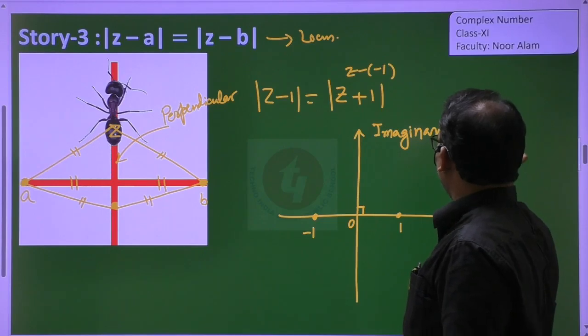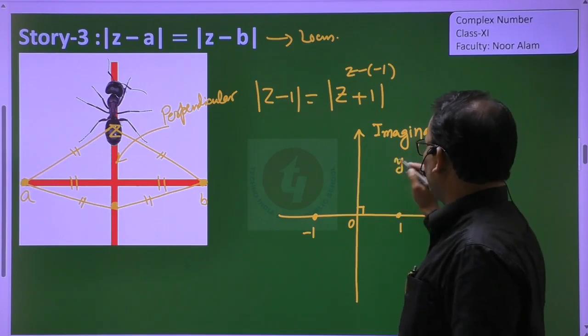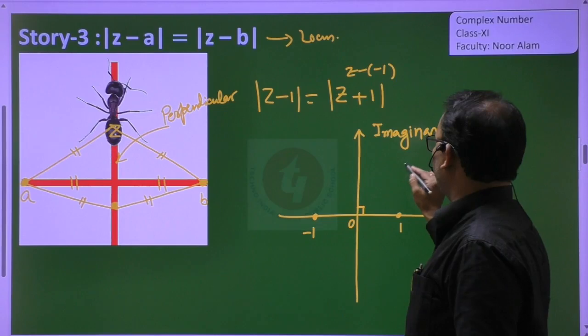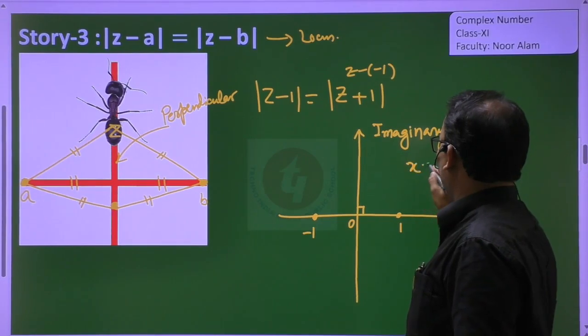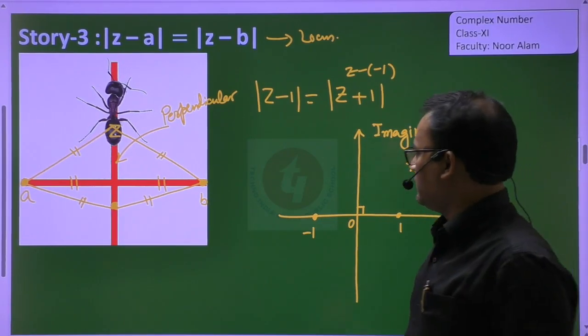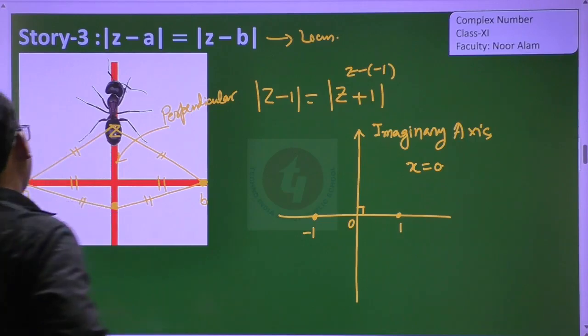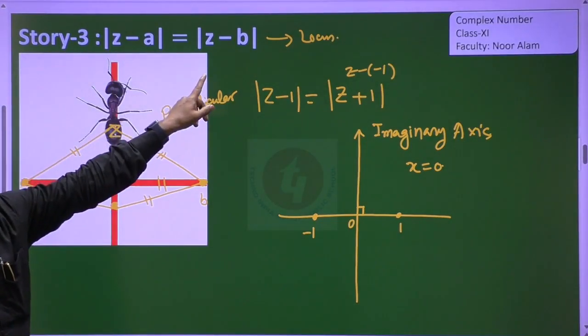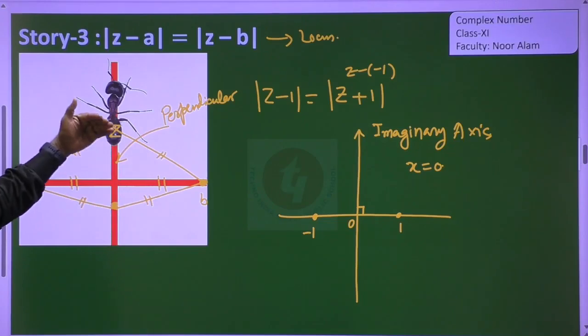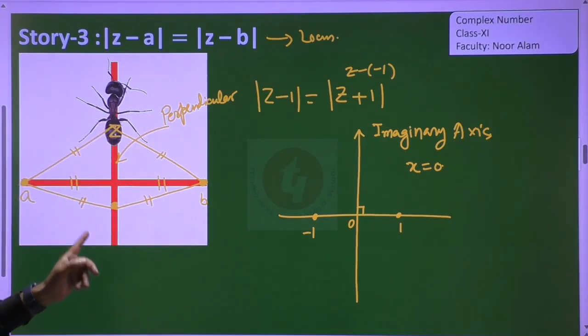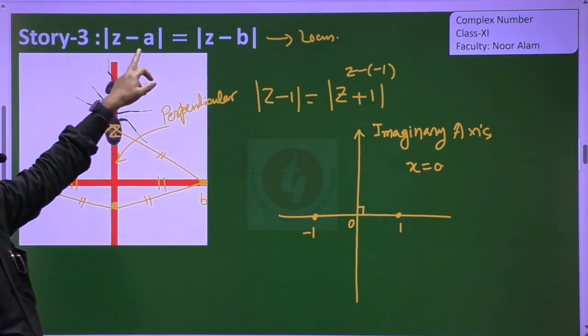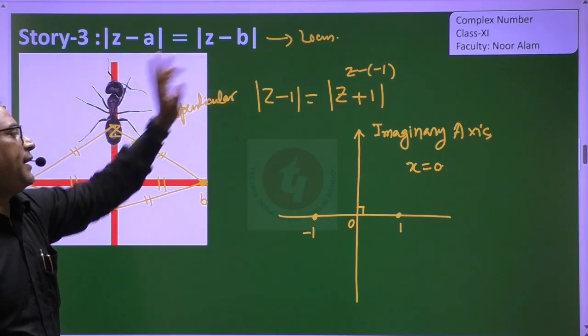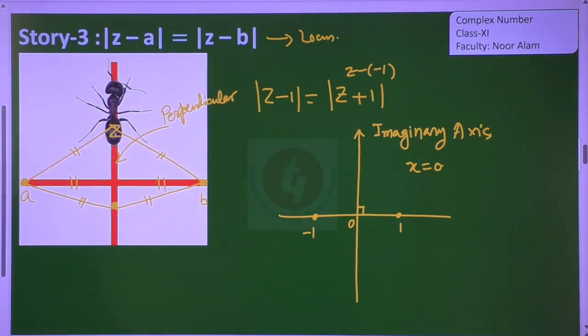That means you can say that x equals 0, the imaginary axis or y-axis where x equals 0. So I hope this idea is clear. With mod of z minus a equal to mod of z minus b, geometrically it indicates the perpendicular bisector joining the complex numbers a and b. So all of you understand this. Now we go for some problems based on this idea.